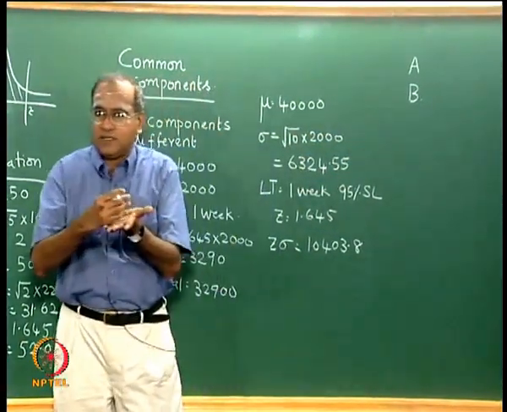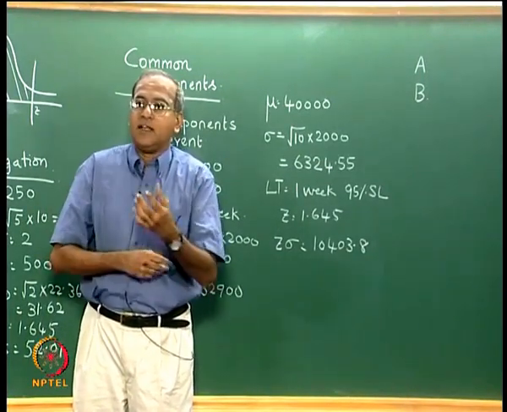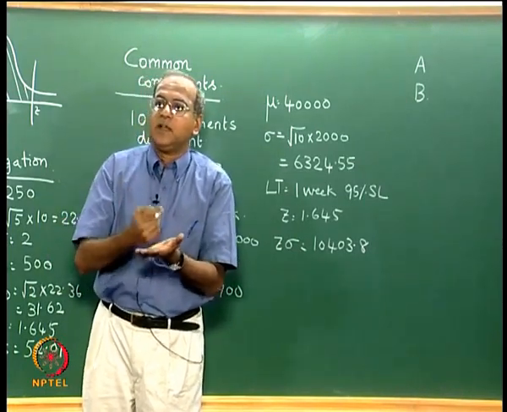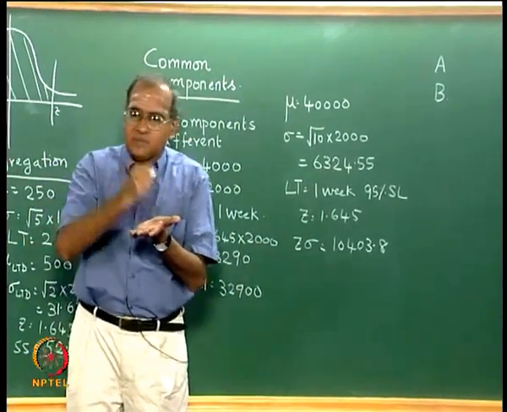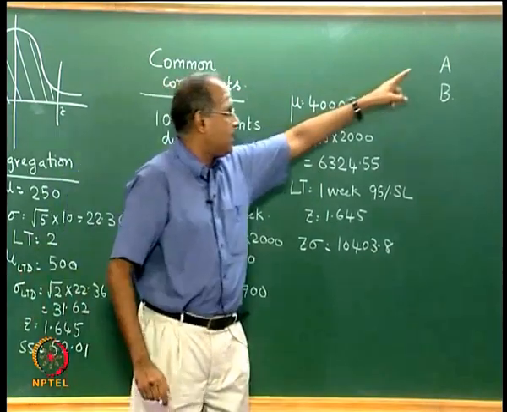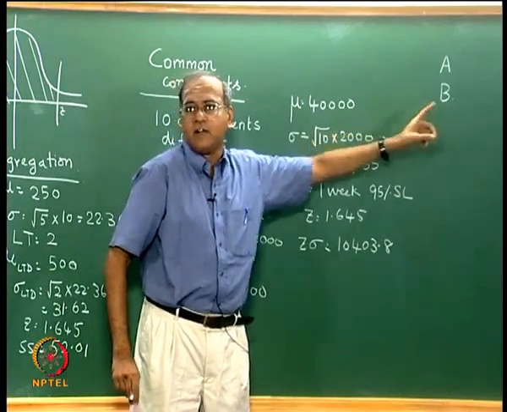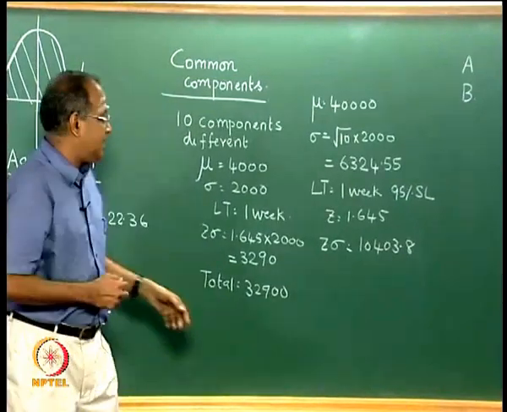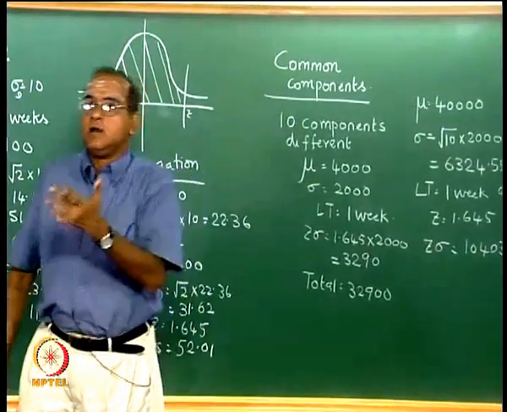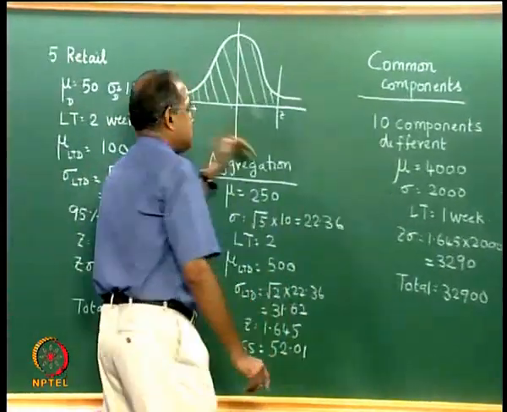B being a component with lesser specification can be a little less costly than A. But then organizations may still like to do it, not always, but sometimes, because in some sense the additional cost that is incurred or lost by substituting A for B will be compensated by the fact that when you combine both of them together, the safety stock comes down and the overall cost of maintaining the safety stock will come down.